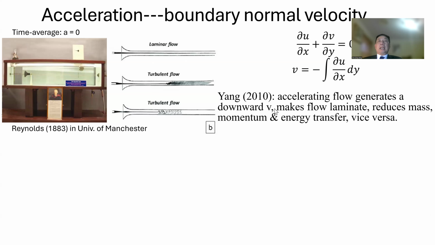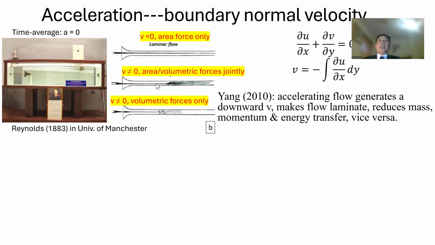I said, accelerating flow generates downward velocity, makes flow laminar, and reduces mass, momentum, and energy transfer. And if you're decelerating, that is totally the other way, and you will make turbulence. So we say laminar flow means V equals 0.